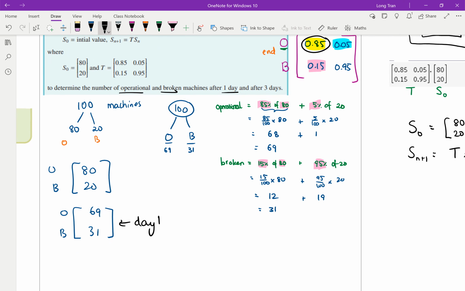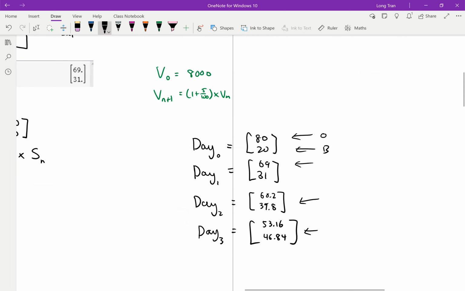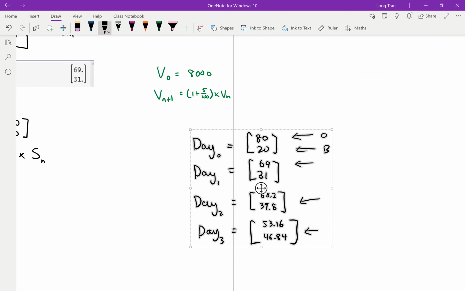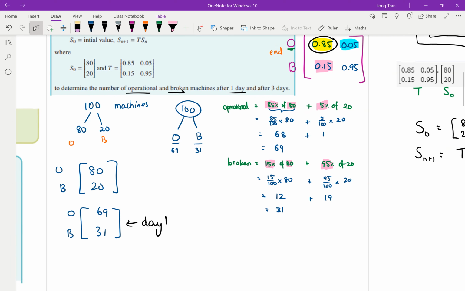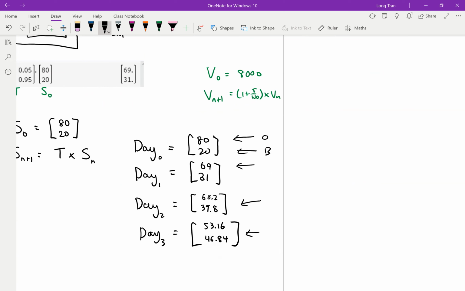But then day 3, let's go back over here. Day 3 told me that operational is 53.16. So you can say it's about 54. You always round it up, because with machines you can't have 53.16. It's more than 53, so it rounds to approximately 54 operational. And then 46.84 technically is 47.